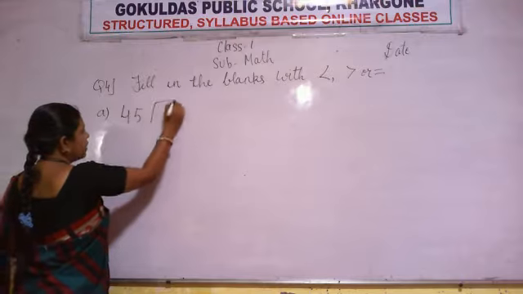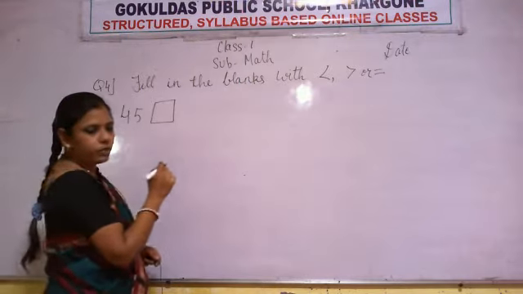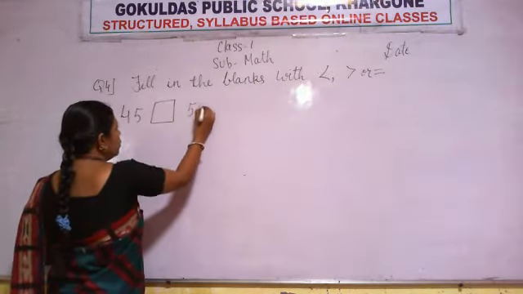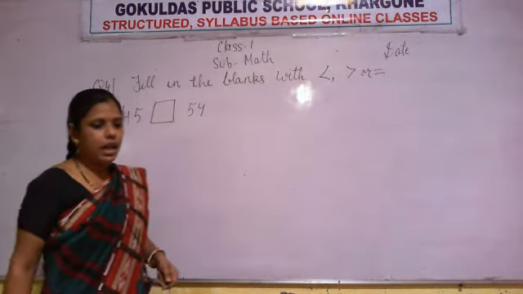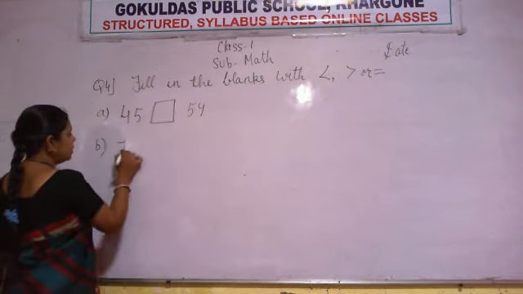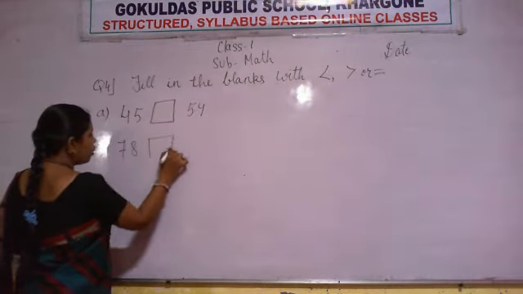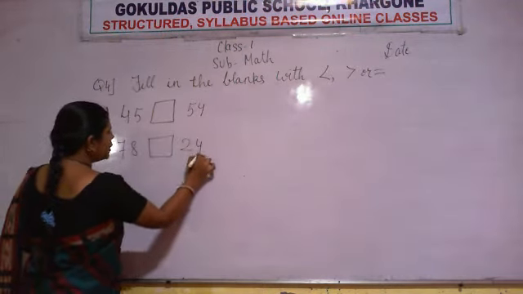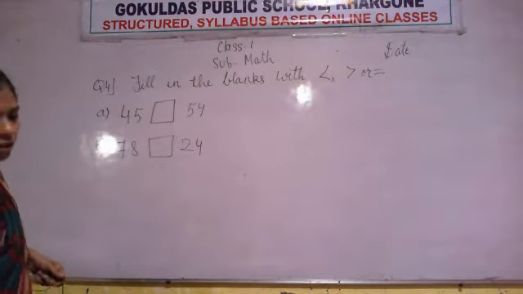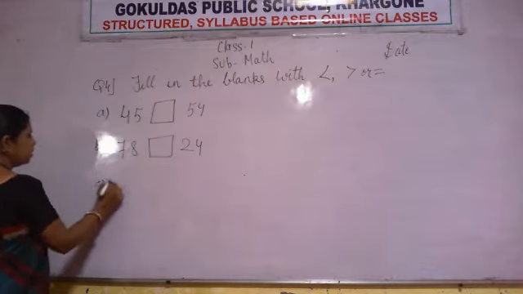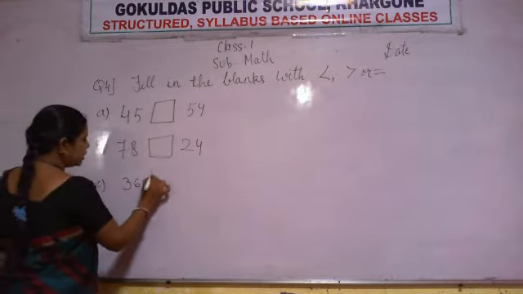45. Then make one box and then write 54. Write B: 78. Then write one box and then write 24. Another, C: 36.